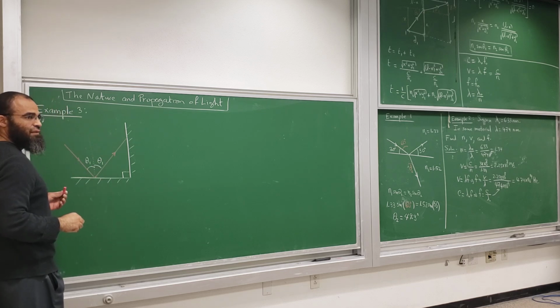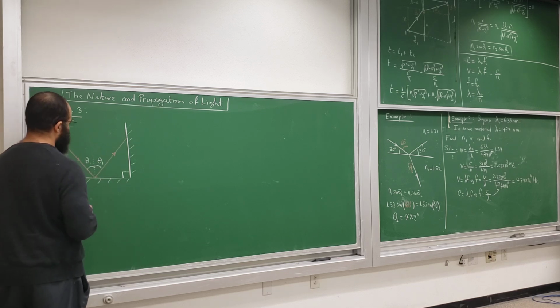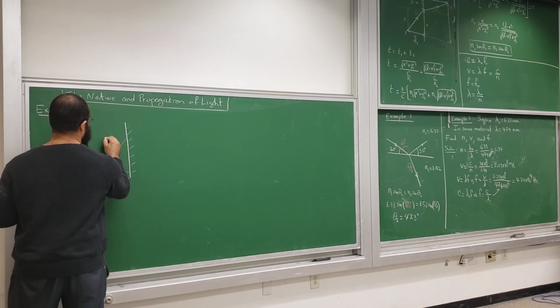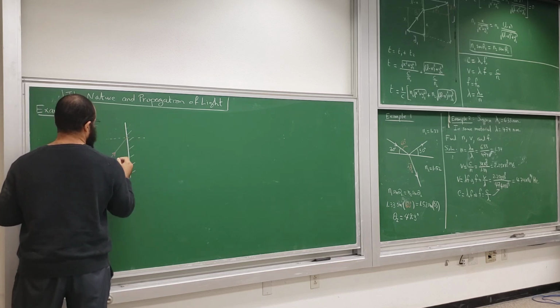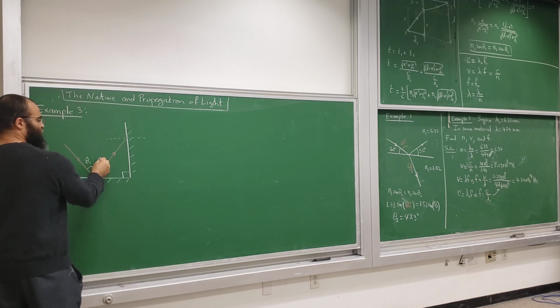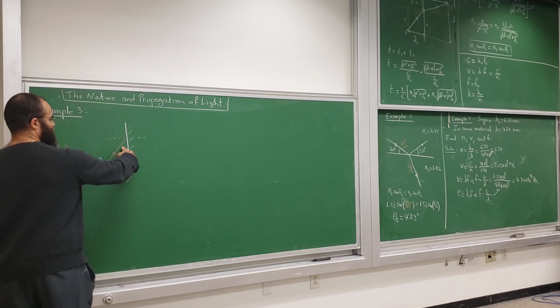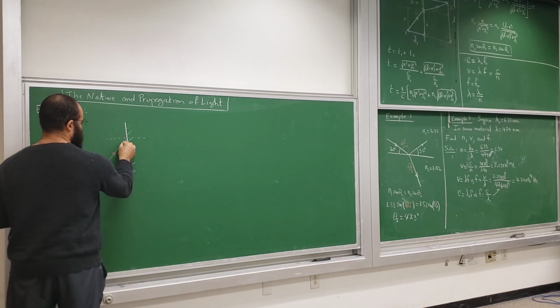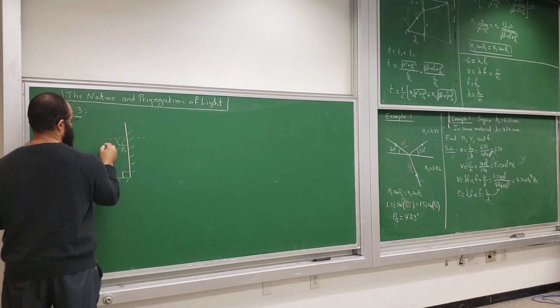Okay. We always measure from the perpendicular. So here's the perpendicular. So if this is theta 1, what is this angle? That should be theta 1, right? They're parallel lines, so theta 1. What would this angle be? 90 minus theta 1.